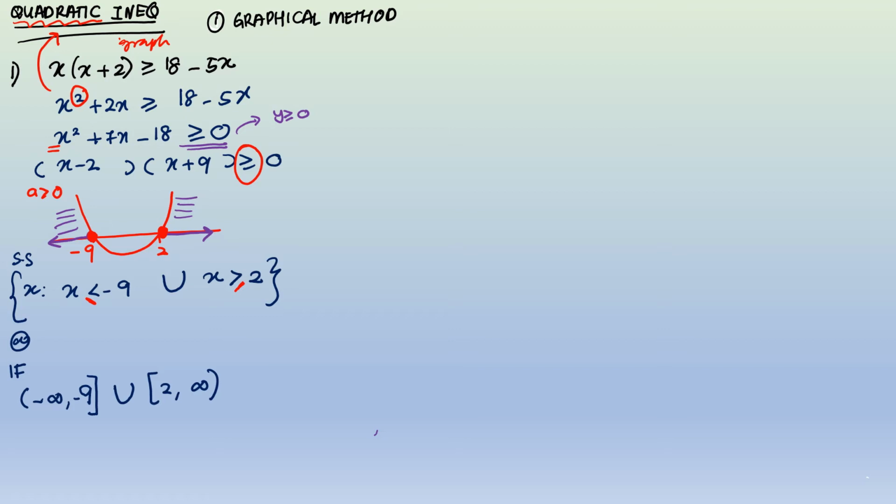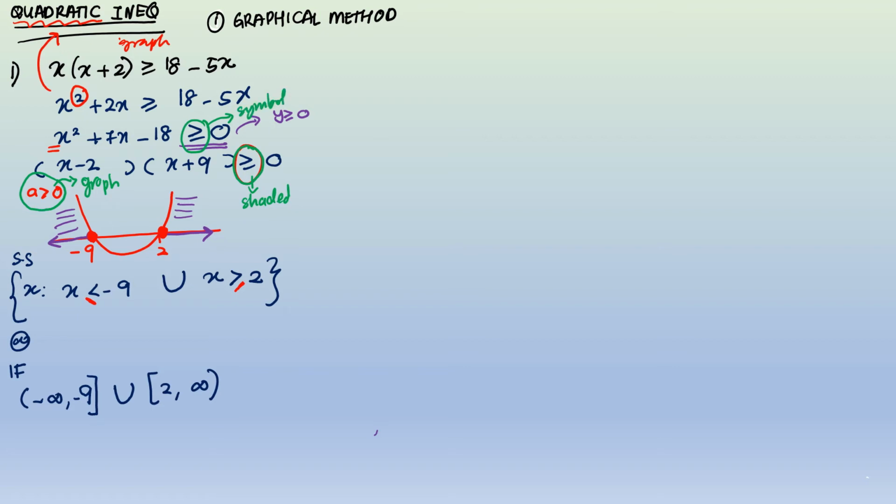As you can see here, the three highlights are: this one is for you to draw the graph, another one is for you to know how to shade, and this one is for your symbol.